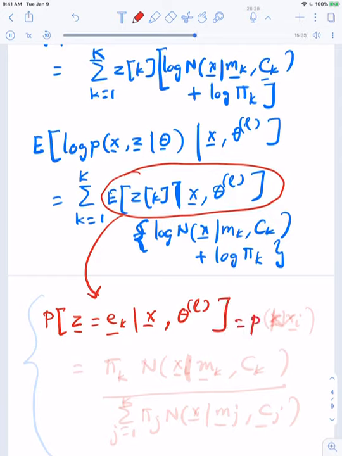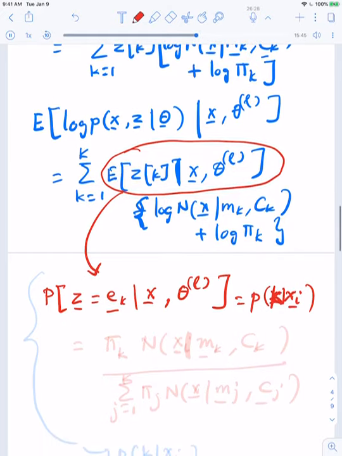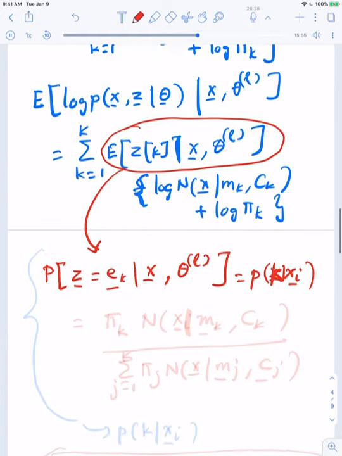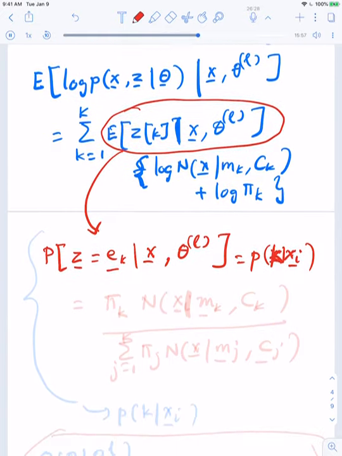And that's just this p of k given x_i that we had computed before, when we stated the algorithm intuitively. So we can recompute it.